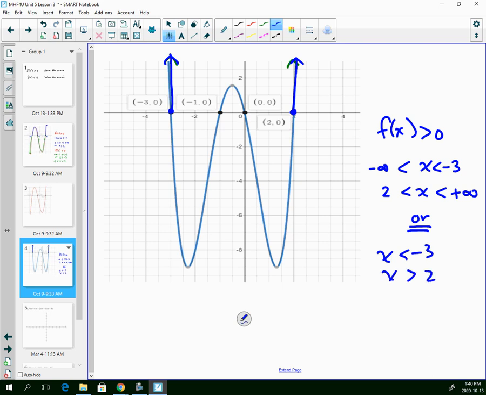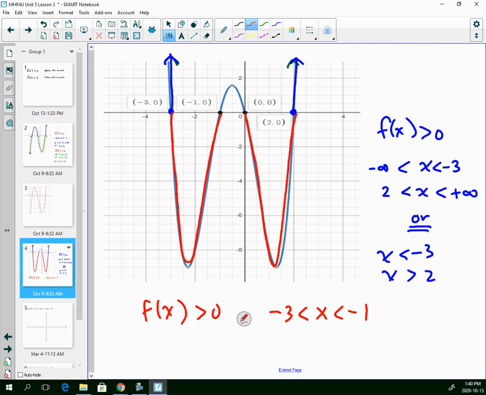Okay, so either interval is acceptable whether you just want to have one value or a left and right boundary. Where is it negative? Well, it's negative in between. So in between -3 and 1, and in between 0 and 2.